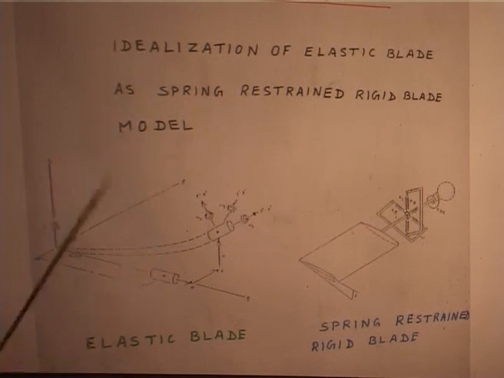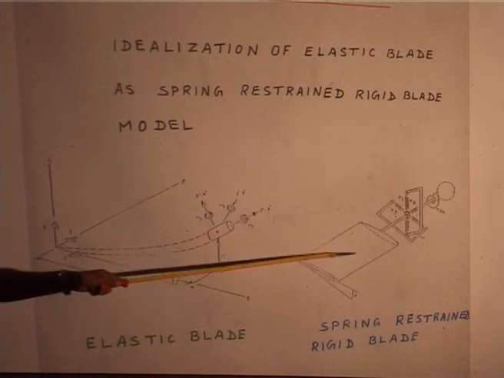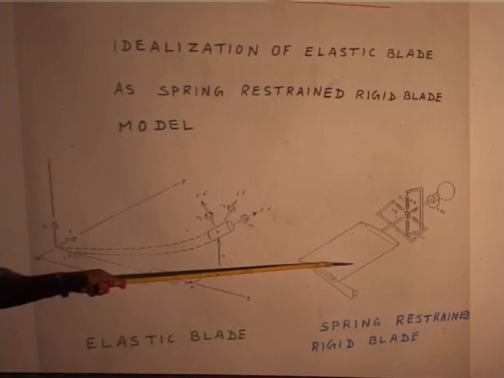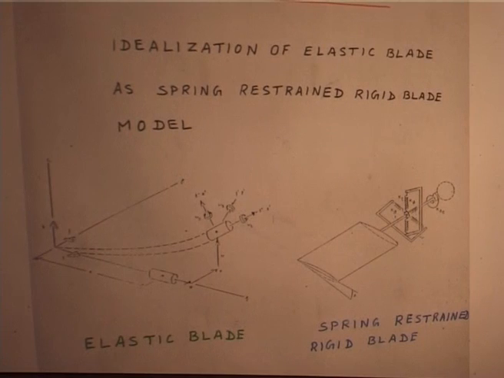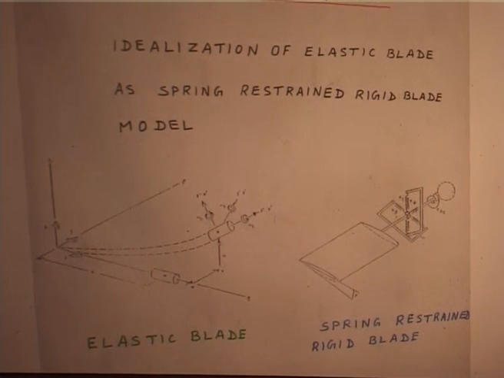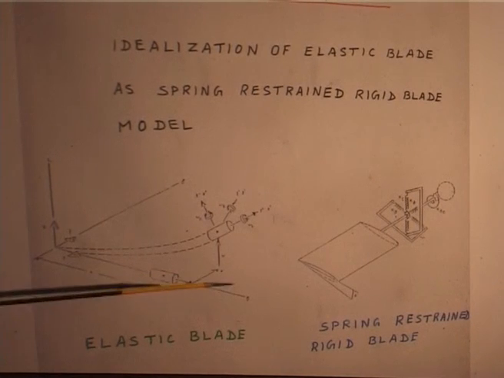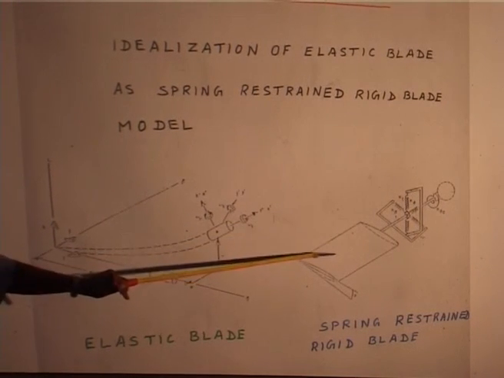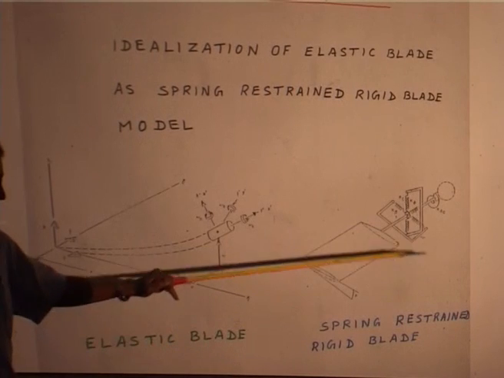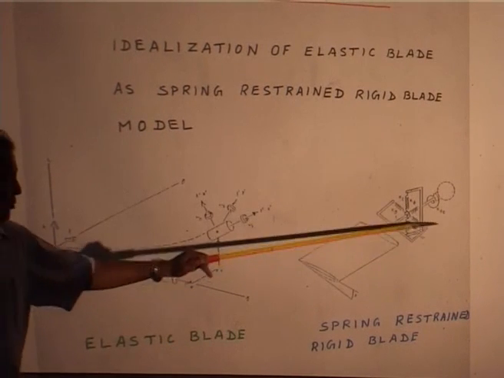But this is an idealized model. Most of the rotor analysis packages in the earlier days used only this model because it is easy, you can understand the physics, but it is a gross idealization. You are representing only one flap frequency because there is a flap spring, then a lead lag spring, one torsion.